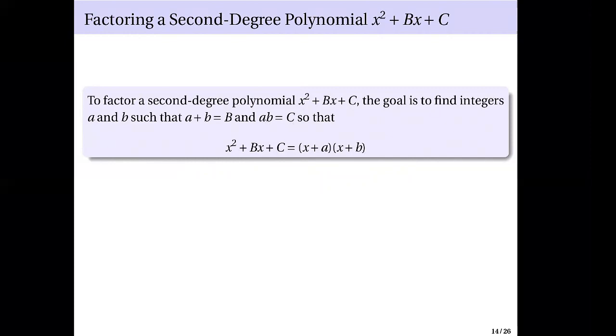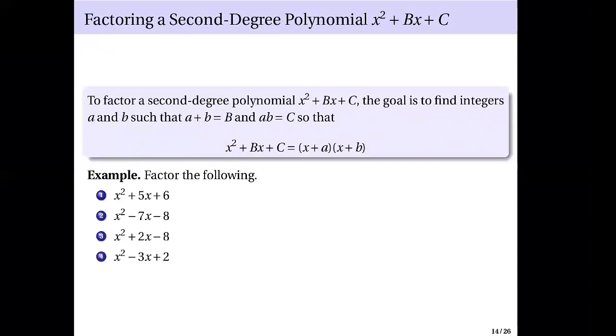Okay, so the middle coefficient is the sum of 2 numbers, and the constant part is the product of those 2 numbers. So look at these examples.